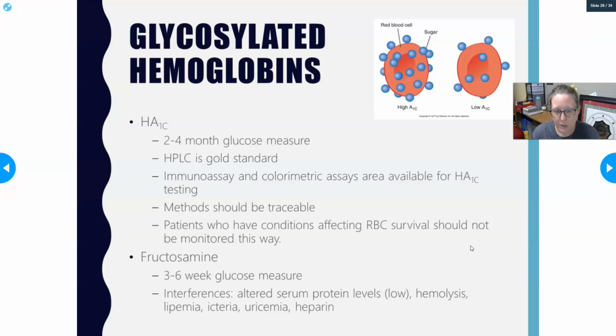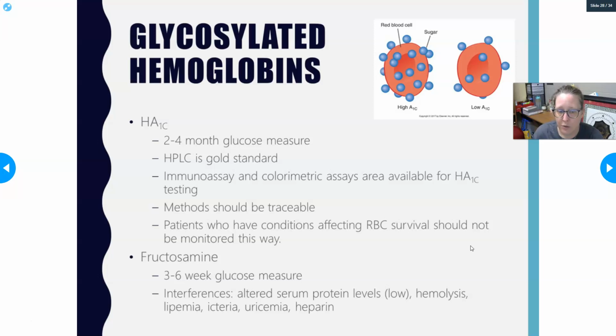The methods should be traceable, and any patients that have conditions that affect red cell survival cannot be monitored this way. So, for example, if they were a sickle cell patient and they have a higher turnover of red cells, then they can't be monitored that way because their red cell lifespan is shorter.